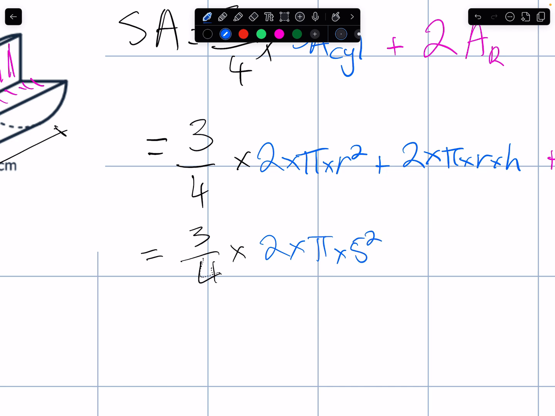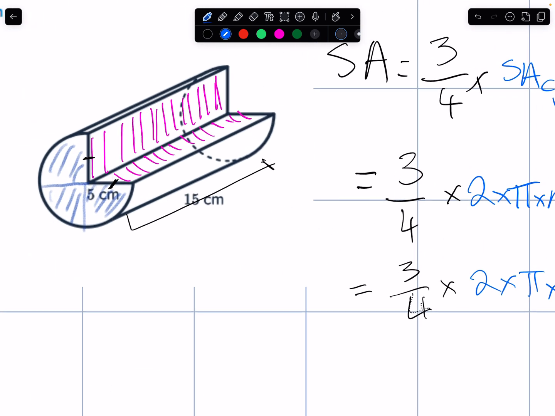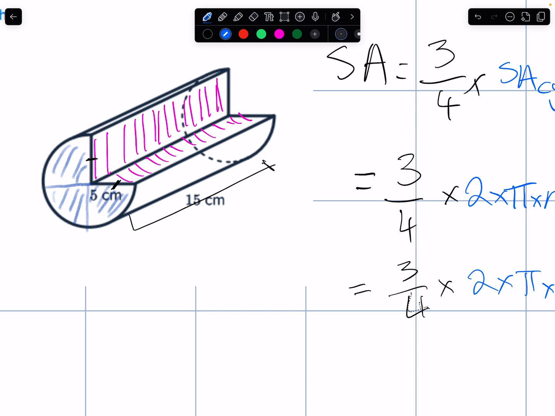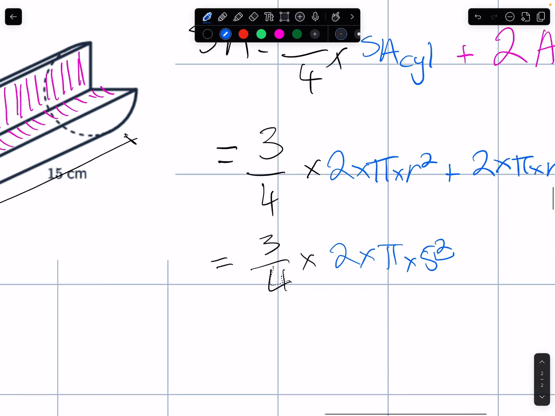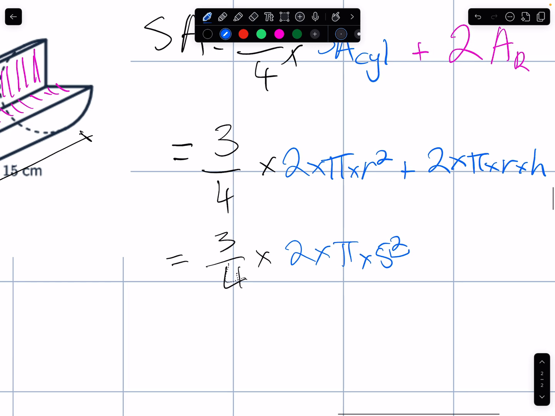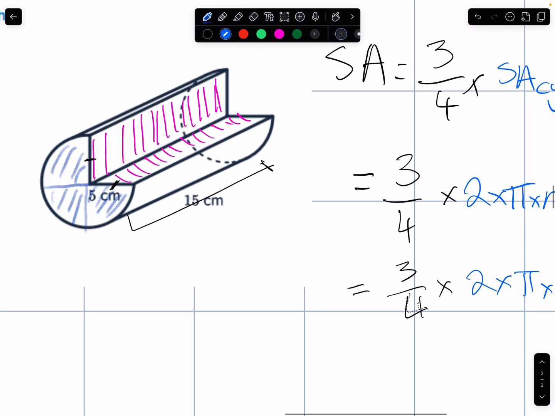So 5 squared. Remember, one of them is squared, one of them is not, because one of them is talking about the area of the face of the circle, which is pi r squared, and then one of them, in terms of the surface area of a cylinder, is talking about the circumference of a circle multiplied by the height, which gives you that rectangle that makes up the length of your cylinder.